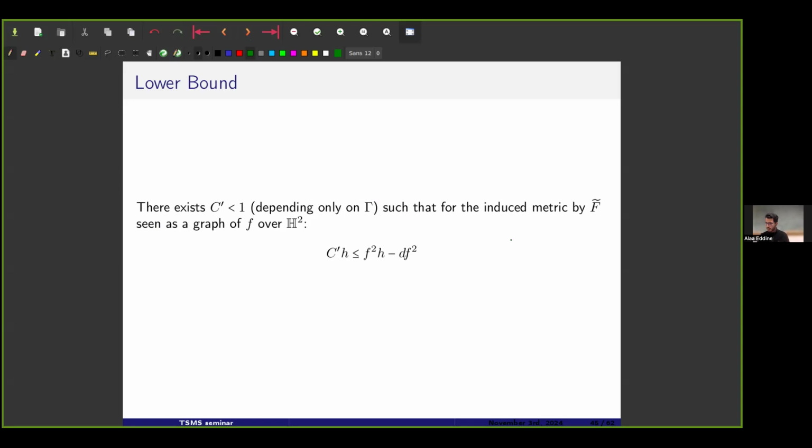So as I said, it is a graph of some function f over H2, and we want to find c prime such that we have this inequality.